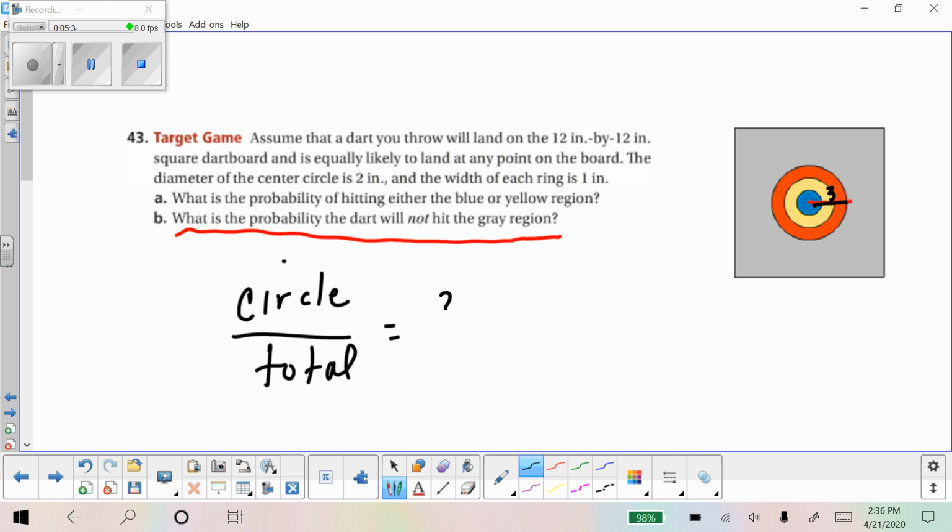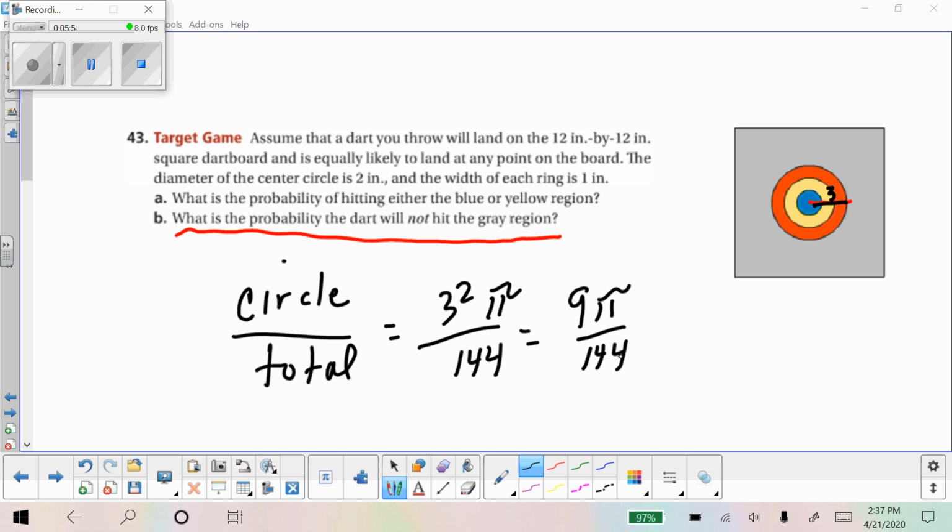The circle is 3 squared pi, and the total is a 12 by 12, so that's 144. So we get 9 pi divided by 144. I don't remember how we're supposed to give the answer here. In terms of pi, we would leave it like that.